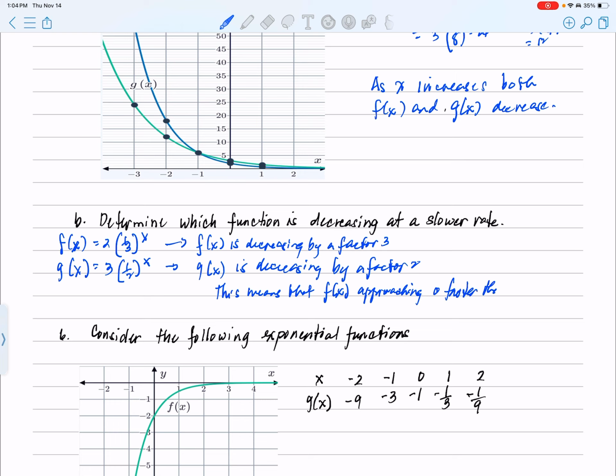I was looking at the graph. So we could say, therefore, g of x is decreasing at a slower rate.